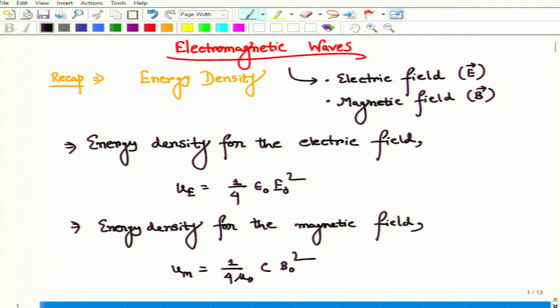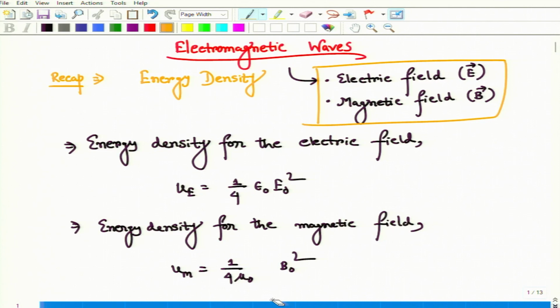Now what will be the total energy density? As both the electric field and the magnetic field are present in electromagnetic radiation, the total energy density will be the sum of the energy density for the electric field and the energy density for the magnetic field. We have to make the sum. Okay, yes, mu naught is in the denominator.